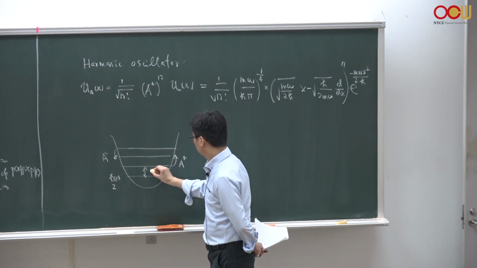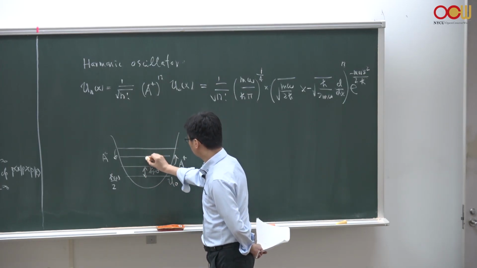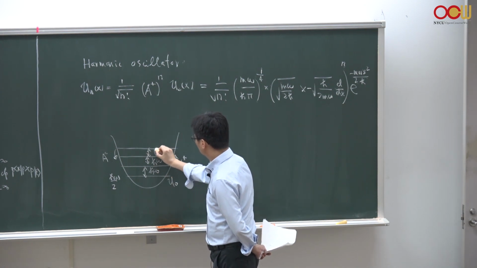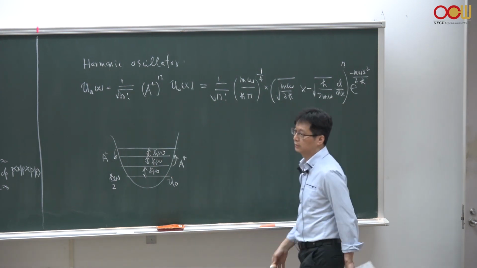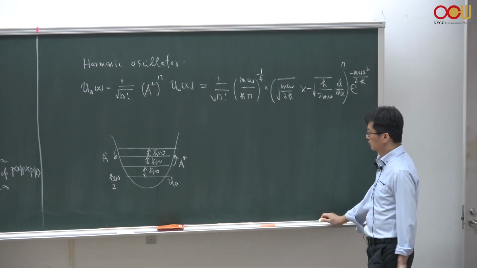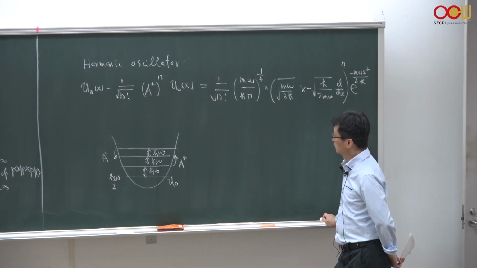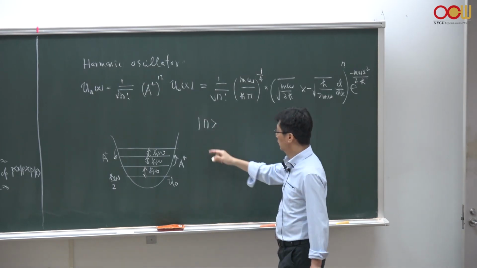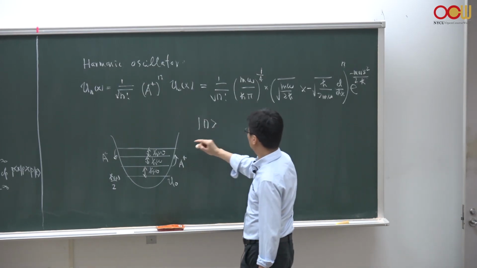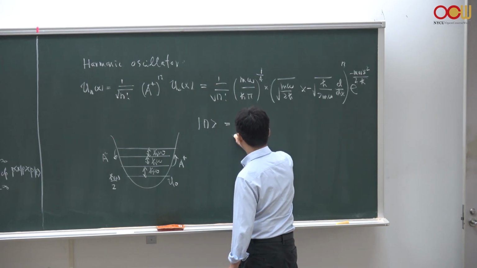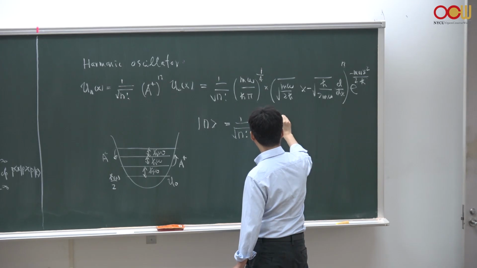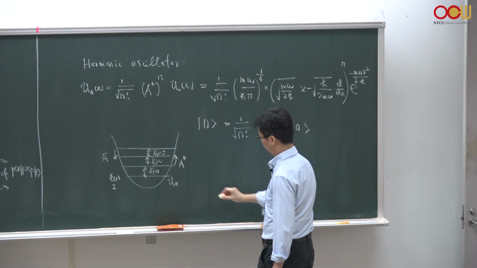The separation between neighboring eigenstates in the harmonic oscillator problem is precisely h bar omega, which gives equally spaced eigenstates. And in the Dirac notation, any given eigenstate of the harmonic oscillator is given by a normalization factor times the raising operator to the power of n acting on the ground state.